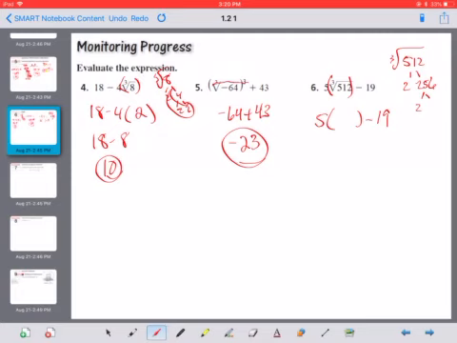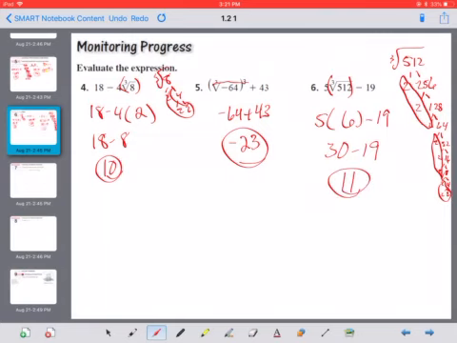Well, that divides by 2, that's 128, which divides by 2, which is 64, which divides by 2, which is 32, which divides by 2, which is 16, which divides by 2, which is 8, which divides by 2, which is 4, which divides by 2, and that's a lot of them. 1, 2, 3, 4, 5, 6, 7, 8, 9. 3 2s: 2 times 2 times 2 is 8. 5 times 8 is 40. So that would be 11.